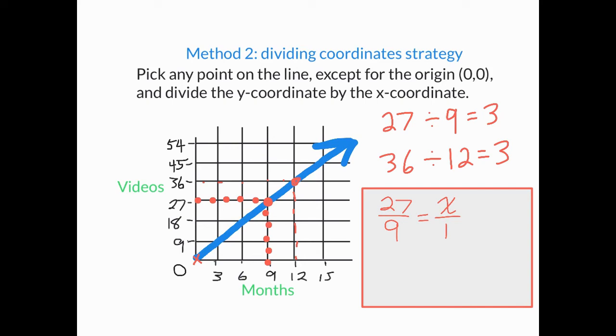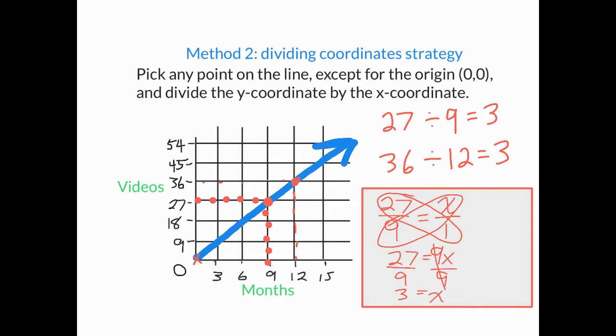And to answer this, we would cross multiply, and we would get 27. 27 times 1 is 27, equals 9 times x is 9x. Then divide both sides by 9, and we get x equals 3.